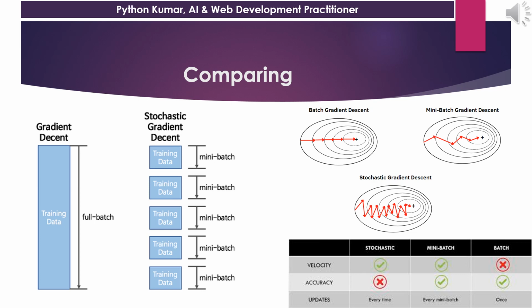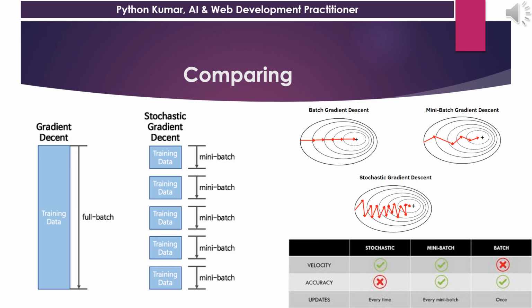And lastly, you have the stochastic gradient descent, that is one example at a time. You see there are a lot of fluctuations before it converges. Below is a graph which says that the velocity is high in stochastic gradient descent and mini batch gradient descent compared to batch gradient descent. Say you have 1 million data points to learn from.